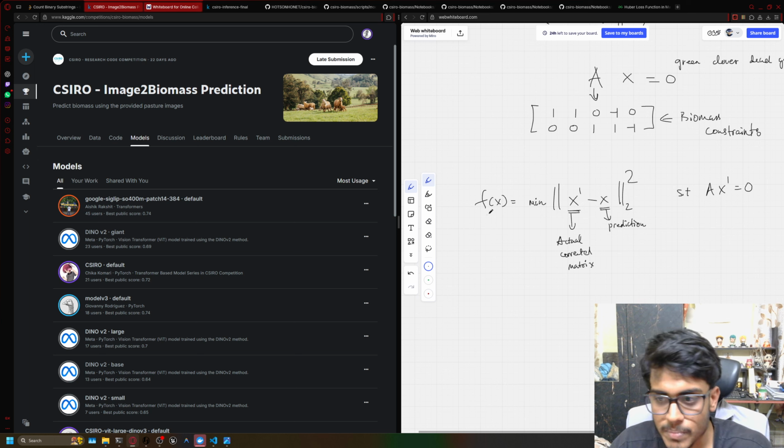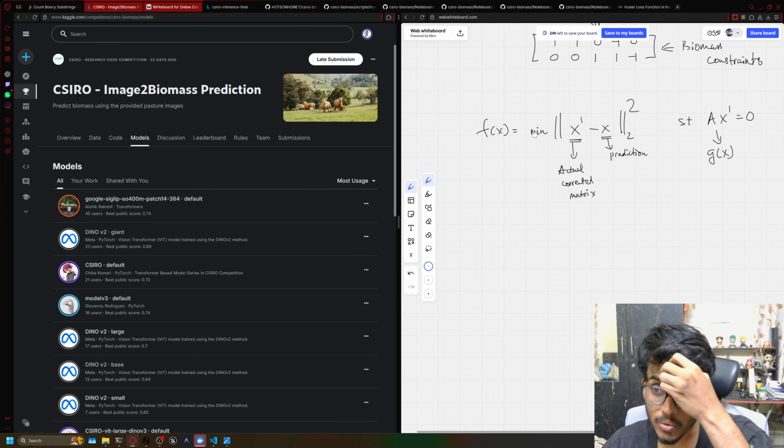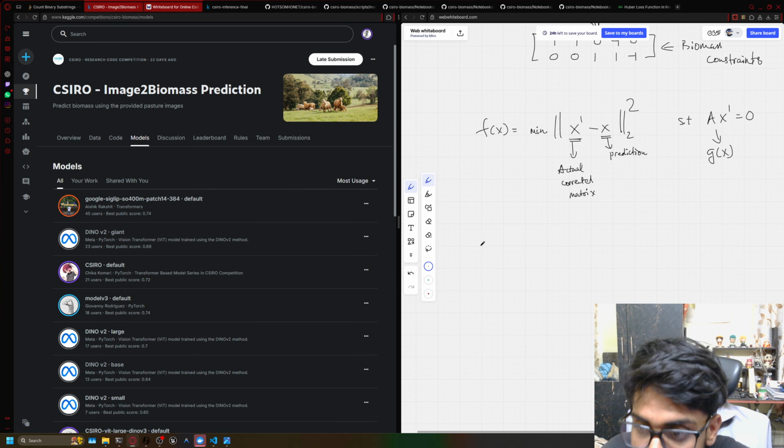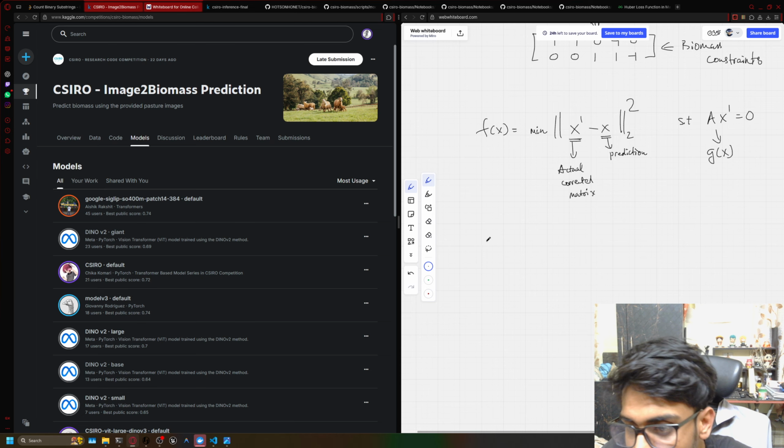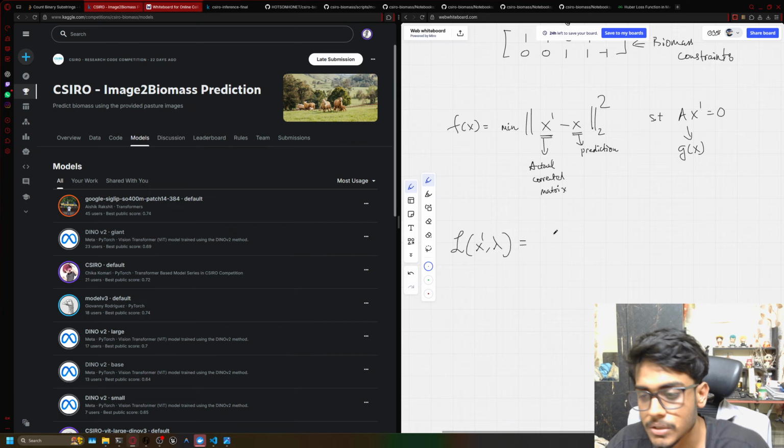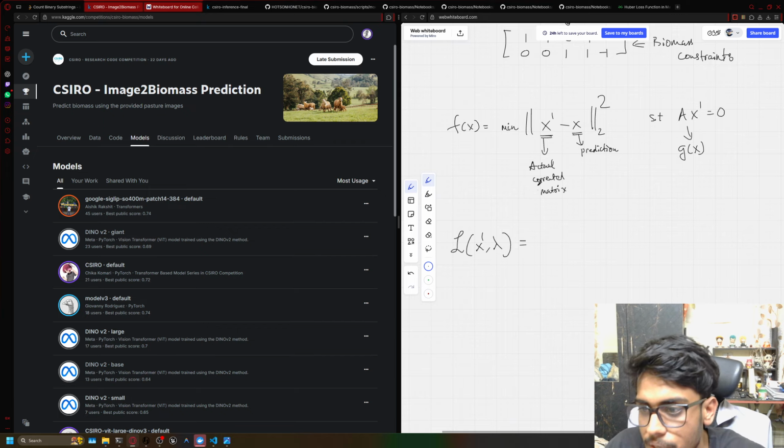So basically this becomes my f of x and this becomes my g of x. I need to minimize this f of x such that it will satisfy this condition. If I write it in the form of Lagrangian, it will be something like x prime minus lambda times g of x.